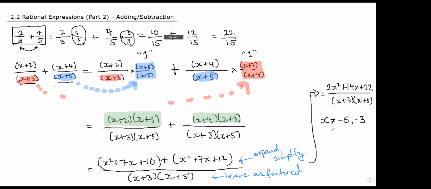But as you can see, multiplication and division actually seems to be easier because we can cancel things out. For adding and subtracting, it gets a bit messy because it looks like we're making it bigger. But unfortunately, that is in fact the case. You're going to have to be comfortable with expanding a lot and then grouping like terms. Adding and subtraction will give you some of that for sure.